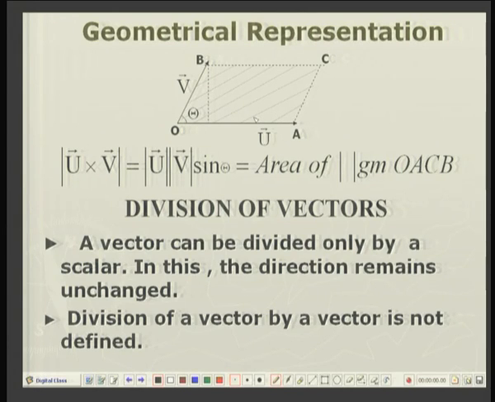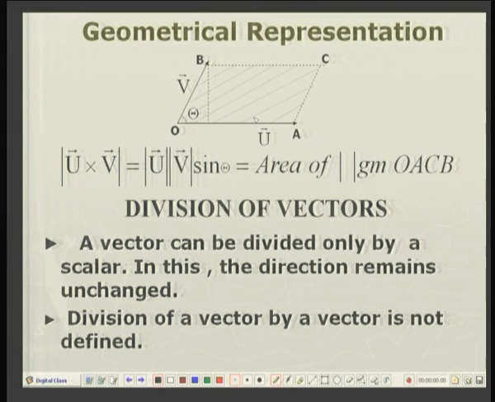Okay. And what is the direction of this? The direction of the cross product is simply the unit vector perpendicular to the plane of the parallelogram, and again the sense is determined by the right hand screw system.